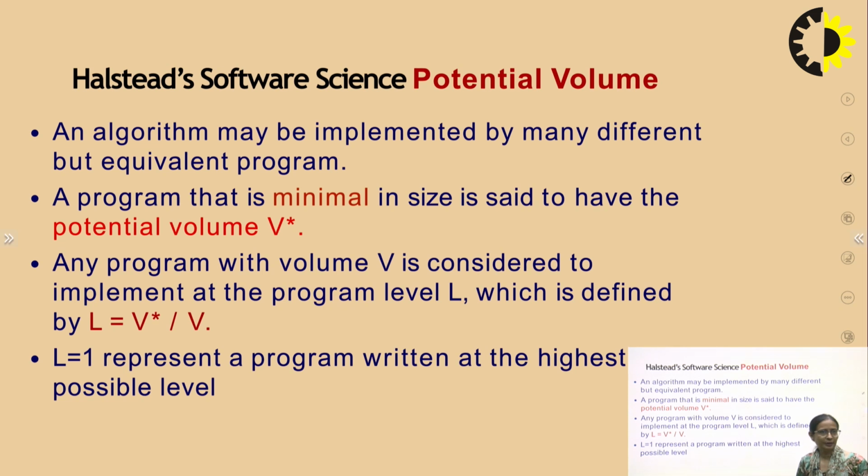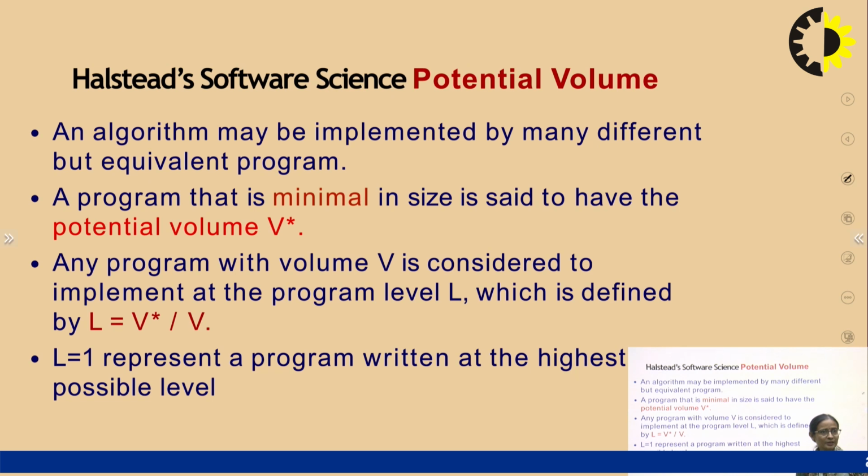Another important metric is potential volume. An algorithm may be implemented by many different but equivalent programs. For example, if I am writing a sorting or searching algorithm, it can be done in various ways. Similarly, for a single algorithm, for example finding the Fibonacci series, you can have the output with the help of a recursive function or a non-recursive function. So I am having different equivalent techniques for the same function.